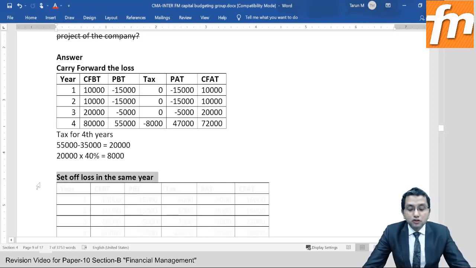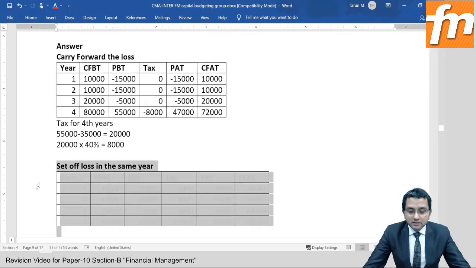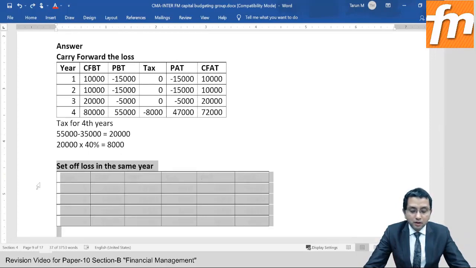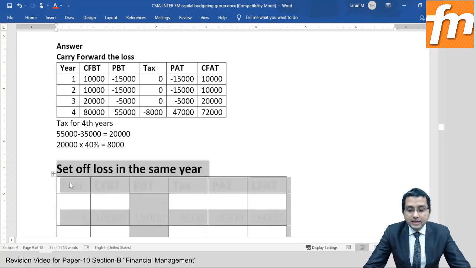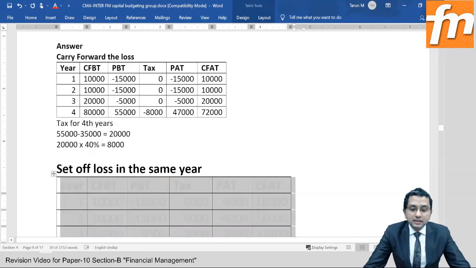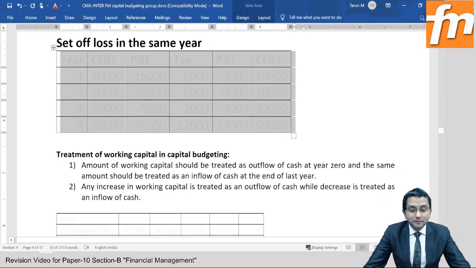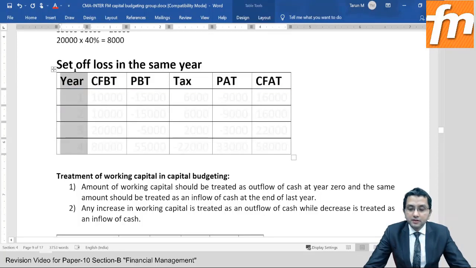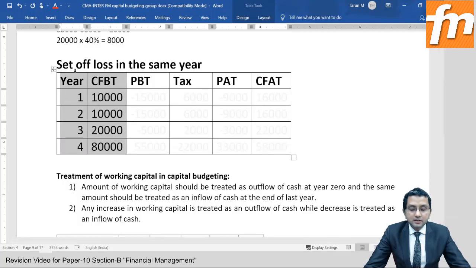So if I assume that I have another business activity and that other business activity has a profit, in that particular case, I will have to set off the loss in the same year. See, same table I'll make. Now, as far as the first year, 1, 2, 3, 4 years are there. CFET, CFBT is also the same. PBT is also the same.